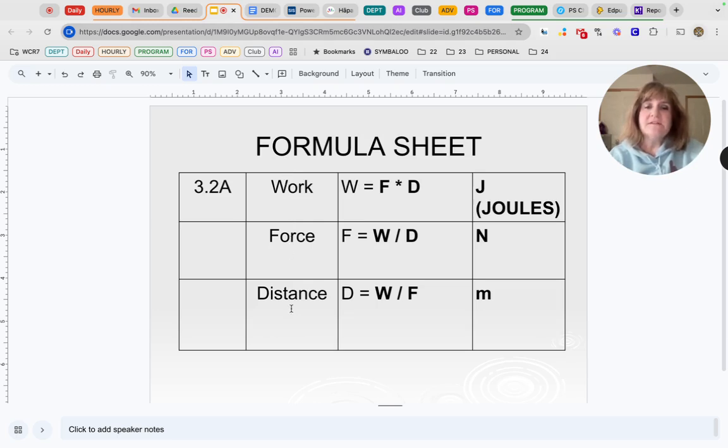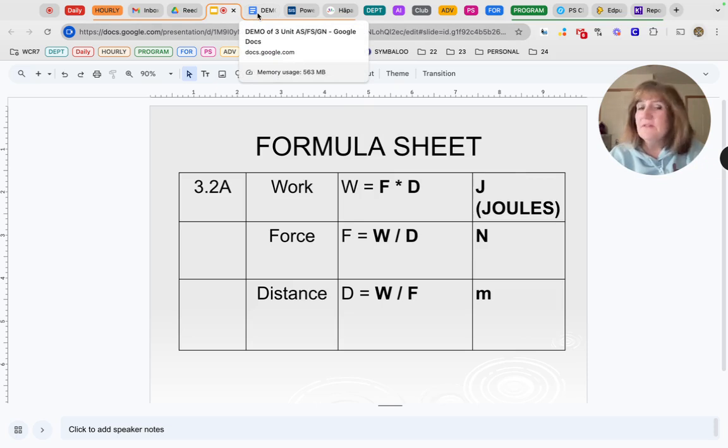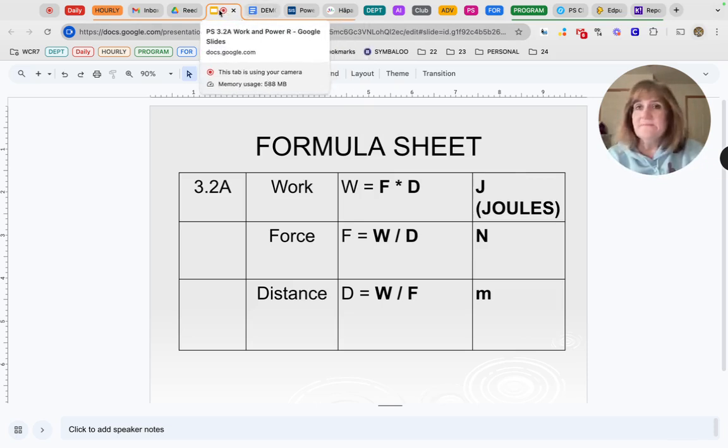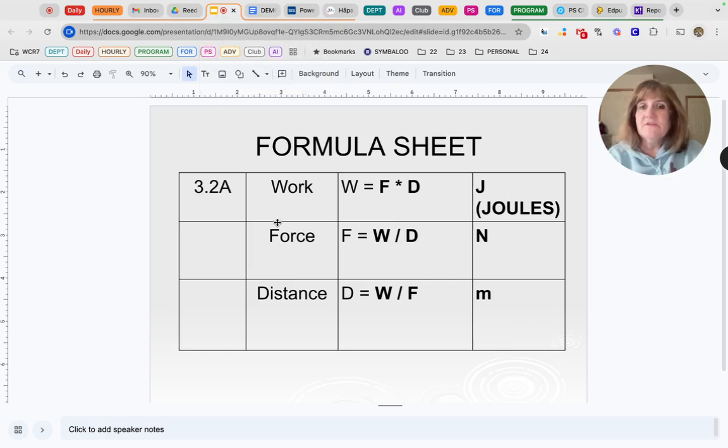This is what you do to find work. You take force times distance. And this is what things are measured in, what the units will be at the end. Be sure you get the formula and the relationships written down. Be sure your formula sheet gets filled in as well.